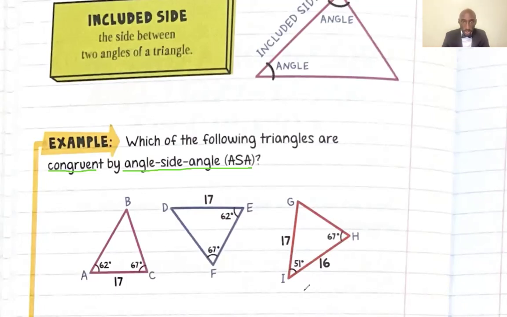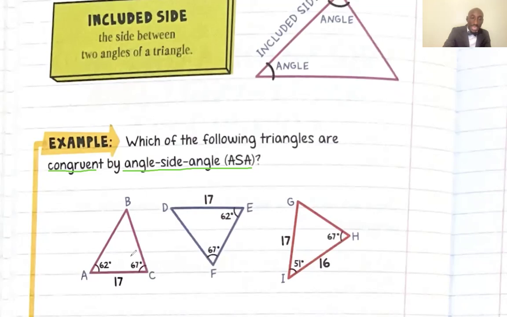So what we have to look at is the set that has two angles and the included side. So let's start comparing, right? In ABC, you have a set that looks like what we're talking about. Angle A, 62 degrees, right?